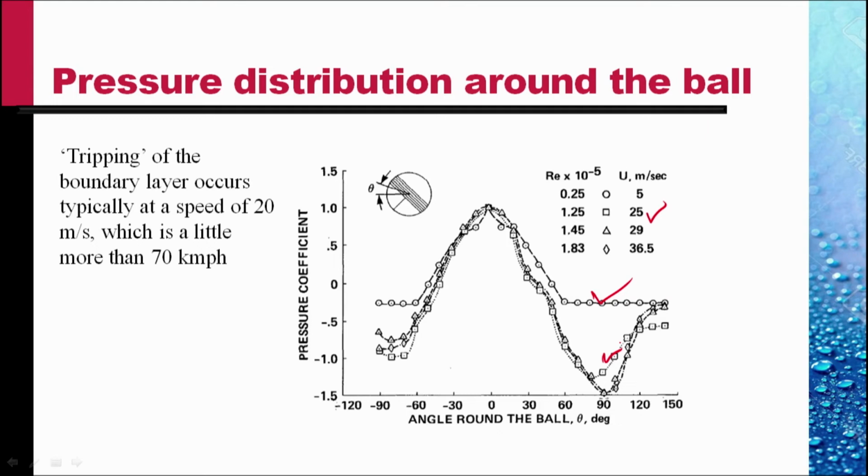On the other hand, if the speed of the ball is of the order of twice this, that is about 140 kilometers per hour, then the ball is traveling too fast. The boundary layer becomes turbulent even on the smooth side.